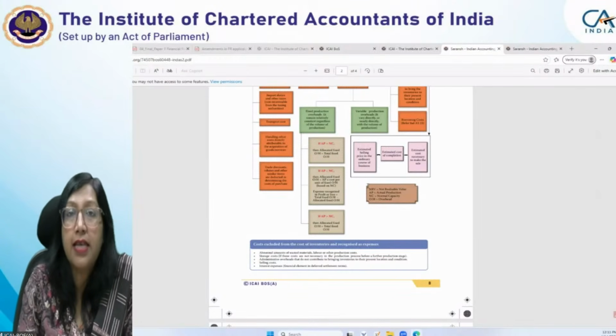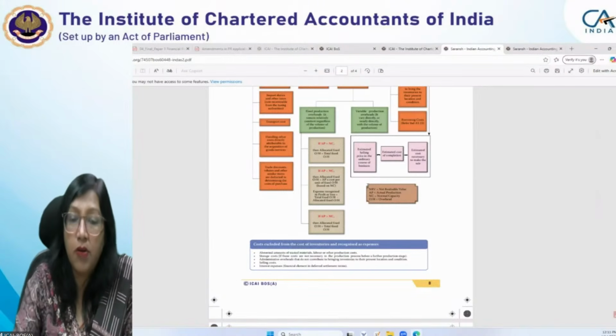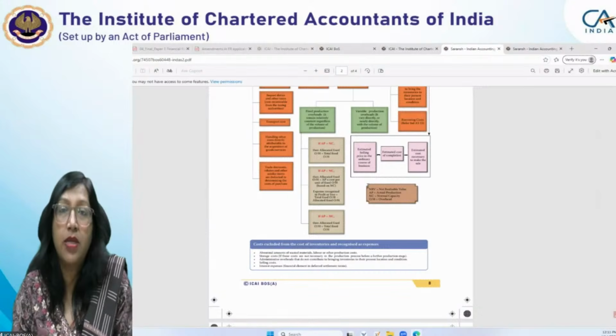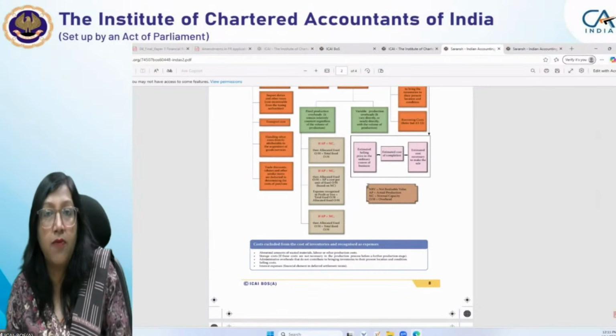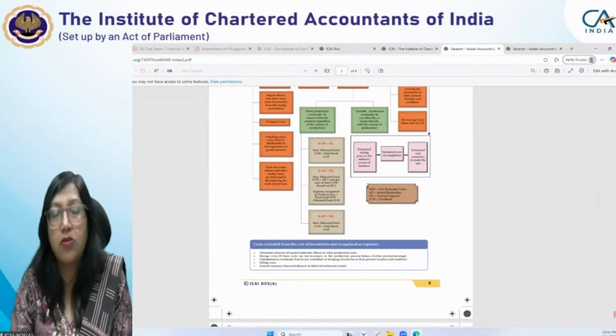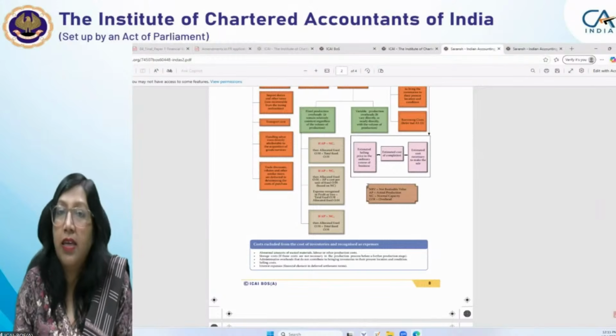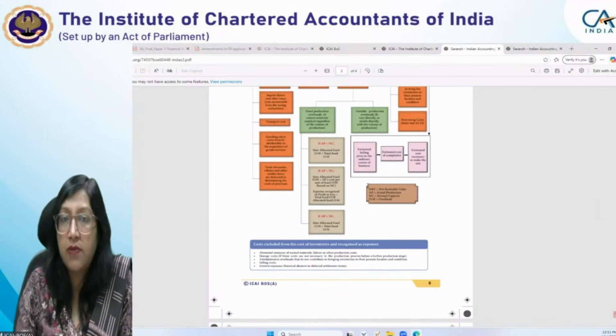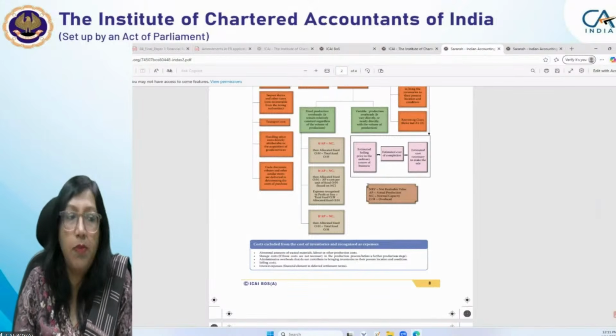We are redesigning it. It is taking time because the Saransh was also huge. Your Indian Accounting Standard syllabus is voluminous, so your Saransh is also running into a number of pages. Hopefully we will bring it out by the first week of July. On 1st July we'll be able to launch it.